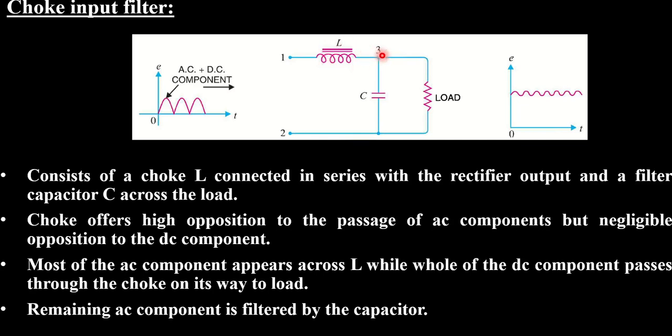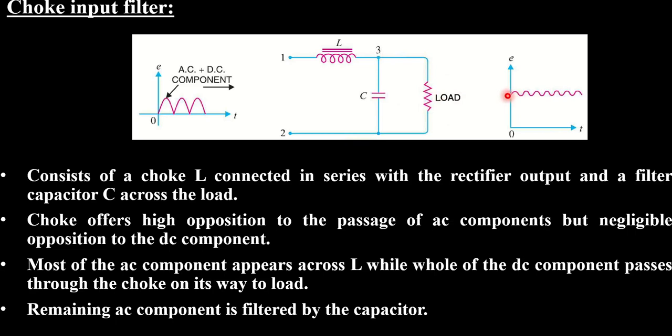And then at the terminal 3, the signal is bypassed by the capacitor C, the bypass capacitor, which bypasses the AC component of the signal which is reaching the terminal 3, and the remaining DC voltage will continue its path to the load resistance RL.